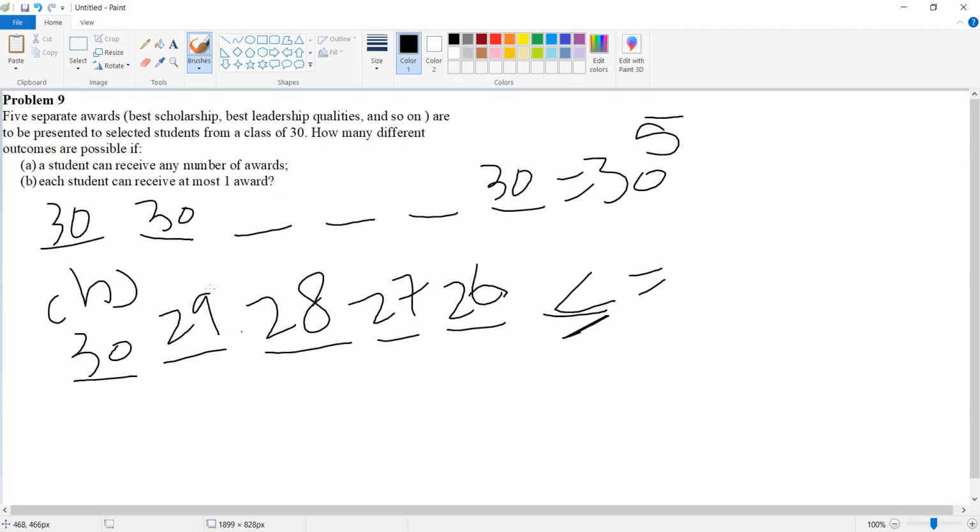Then for another award, उसमें से सिर्फ 29 students बचते हैं, so there are only 29 other students that can receive that award, all the way up to the 5th award. Yeah, 30P5, you're right. ठीक है.